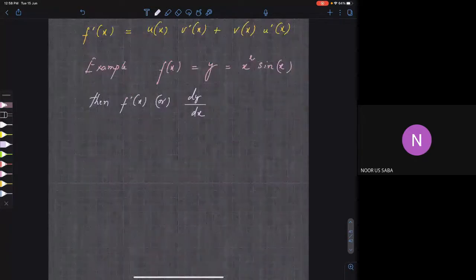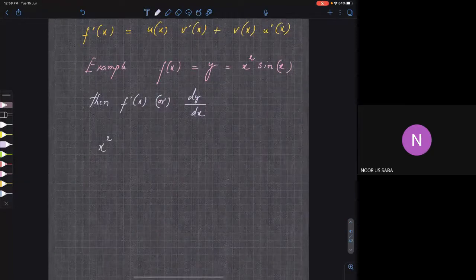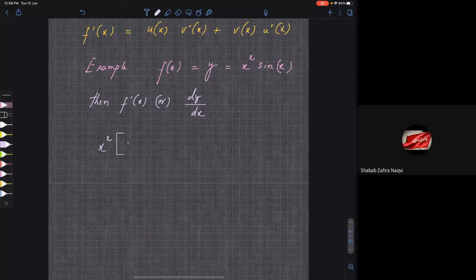First I'll keep x square as it is and multiply with the derivative of sine x. The derivative of sine x is cos x. Plus, I'll keep sine x as it is and multiply by the derivative of x square. What is the derivative of x square? 2x. Clear?